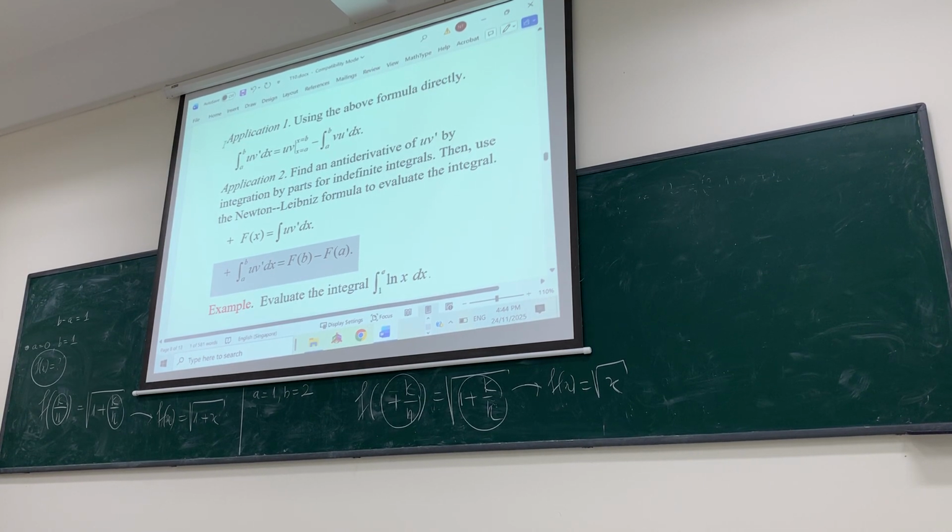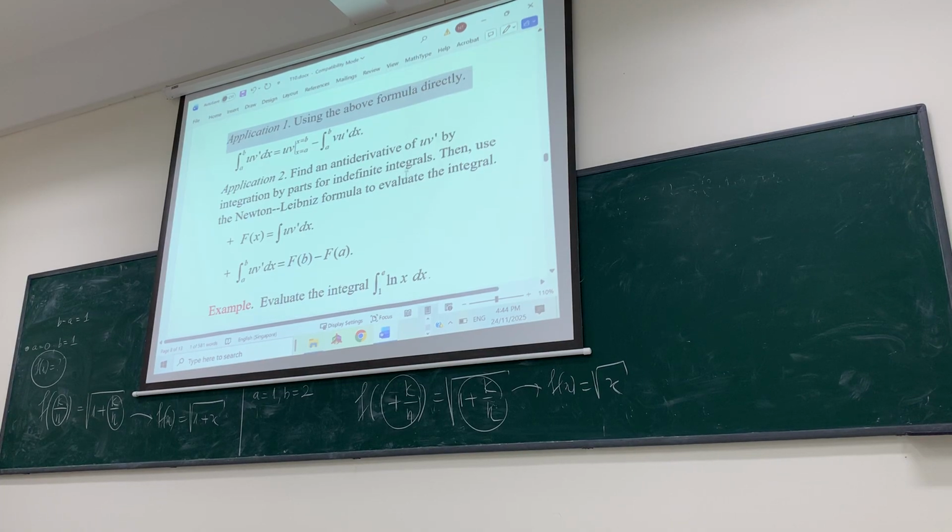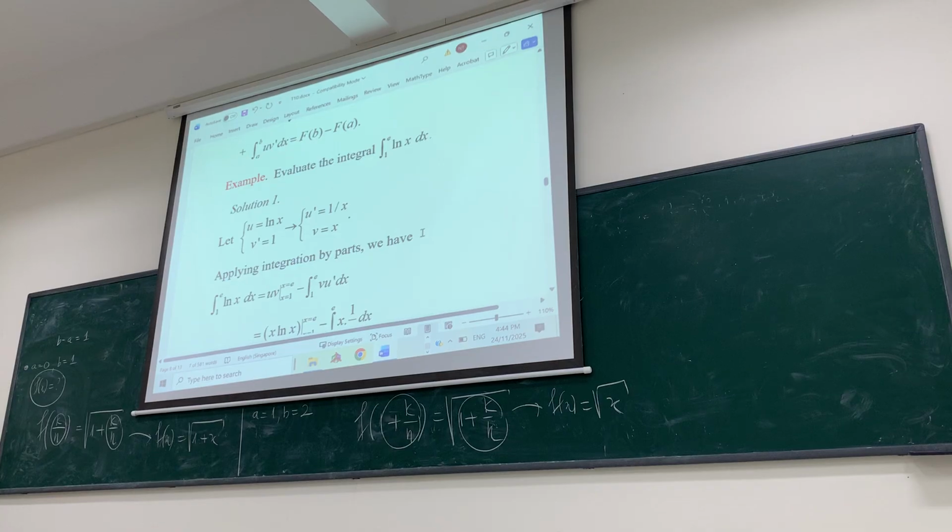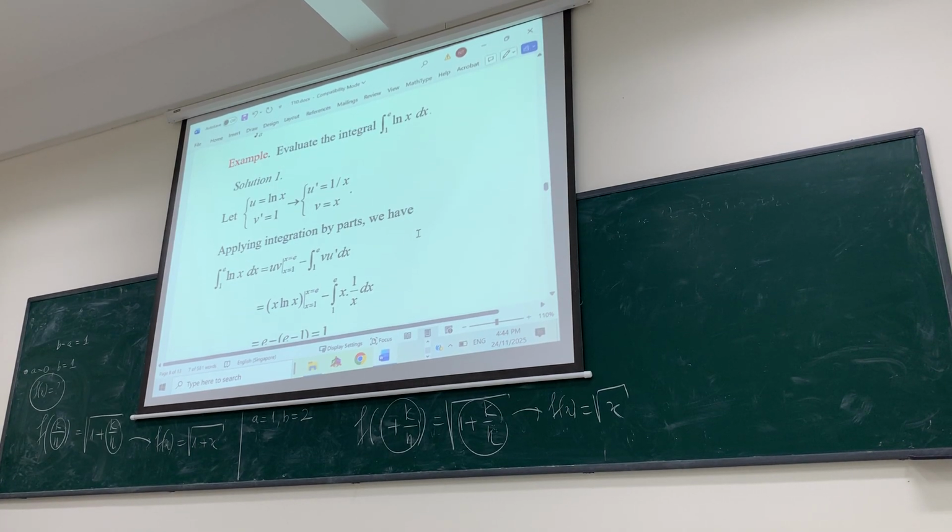Start with the first way. We use integration by parts directly. Now let's see the solution.